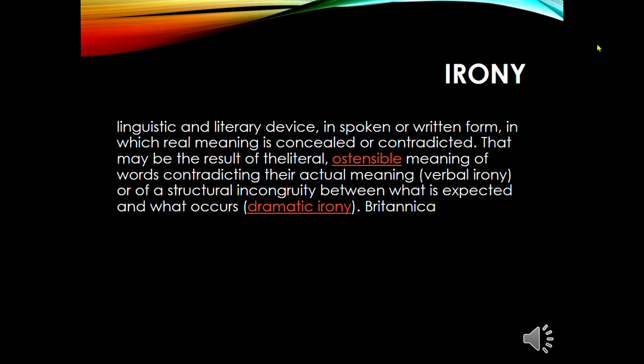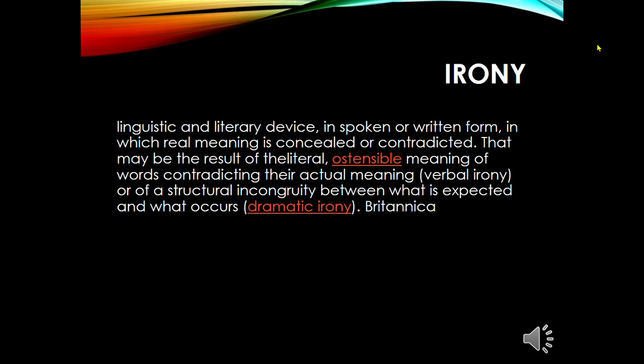So let's see what irony is. Irony is a linguistic or literary device in spoken or written form in which real meaning is concealed or contradicted. That may be the result of the literal, ostensible meaning of the words contradicting their actual meaning, which is apparent in verbal irony, or the structural incongruity between what is expected and what occurs, that is apparent in dramatic irony.